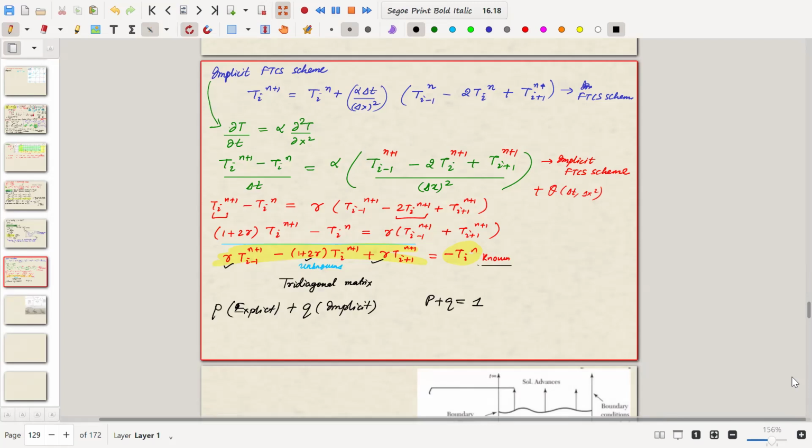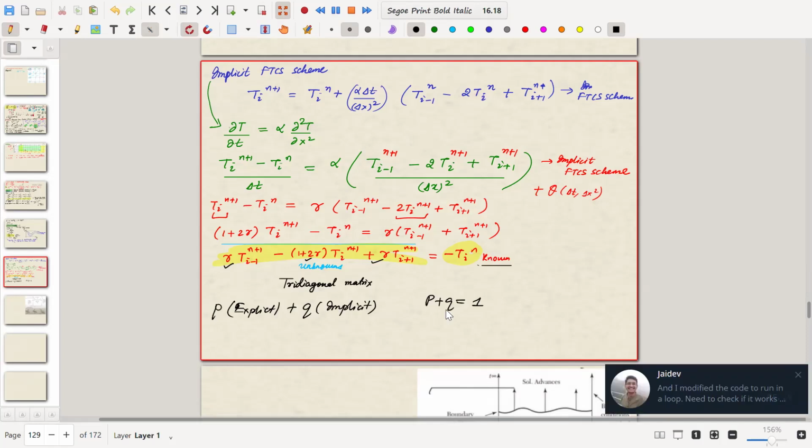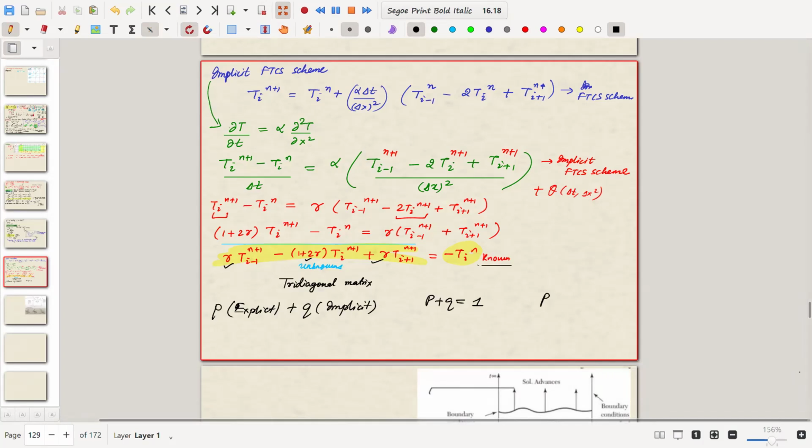I have the explicit method, which you already know. I have the implicit method. How about I combine them together to make the Crank Nicolson method? You can take P equal to 1 by 3, Q equal to 2 by 3, also P equal to 1 by 4, Q equal to 3 by 4.